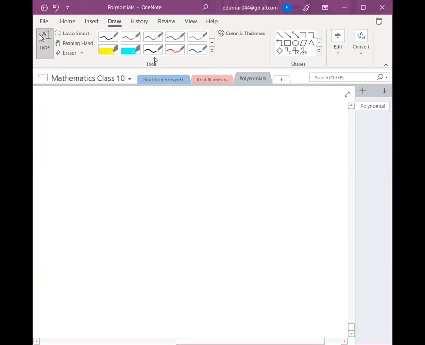So should I give you the introduction for this? Let's have a quick introduction, right? This exercise is basically based upon the relationship between zeros and coefficients, right? Coefficients mean a, b, c that you can see.